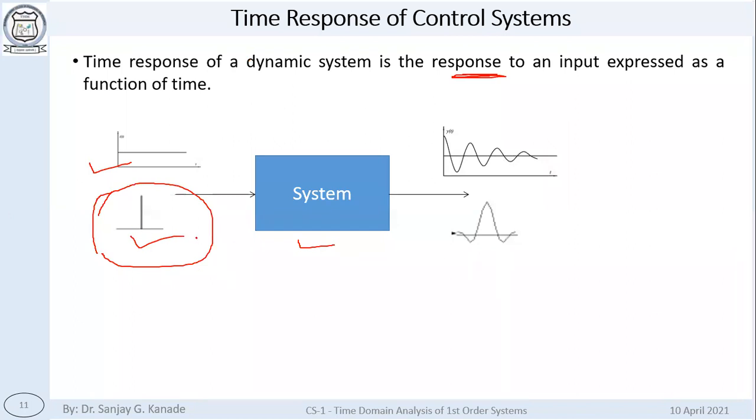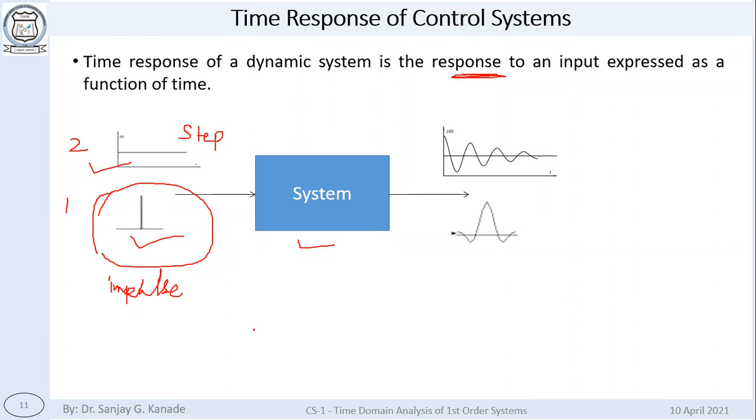What is the number one signal and what is the number two signal? This is impulse and this is step, right? Just now we have seen. You should try to speak up.